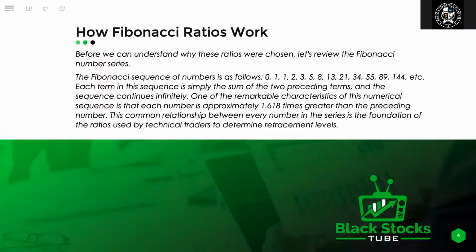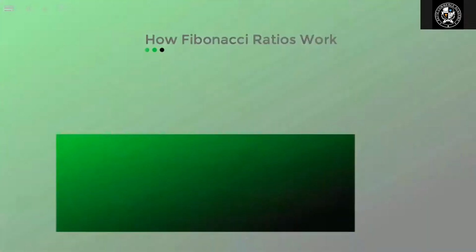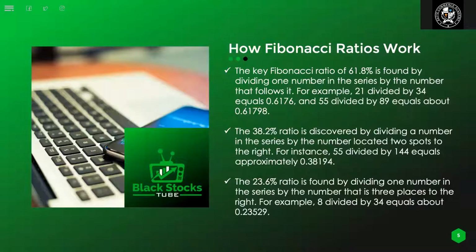So they want to use mathematics to explain everything that's naturally here in the universe. And then they took this same strategy and same sequence and applied it to the actual markets. And coincidentally, it actually fits on the chart. So I'm gonna show it to you as well. The key Fibonacci ratio of 61.8 is found by dividing one number in the series by the number that follows it.